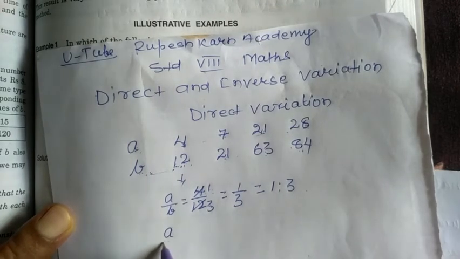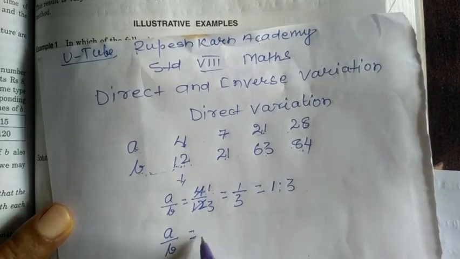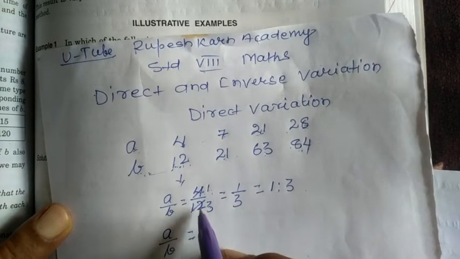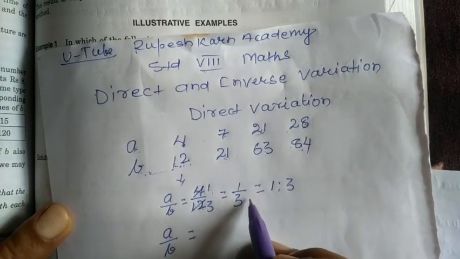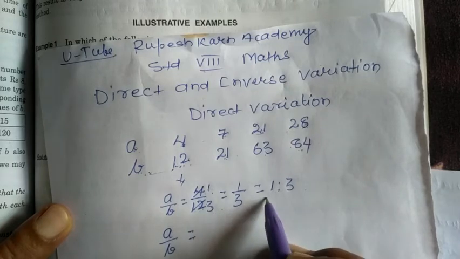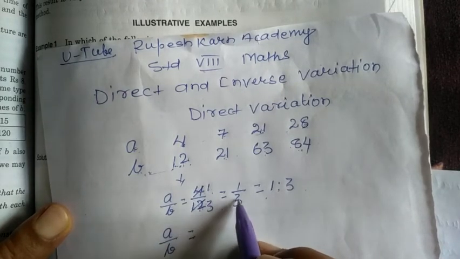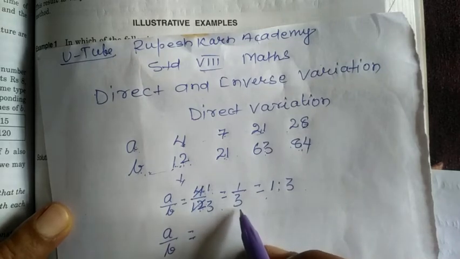See here, I am doing A by B. The ratio we are finding by the division process only. Correct? Bringing the given fraction into its lowest term, as I brought 4 by 12 into its lowest form 1 by 3. Correct?